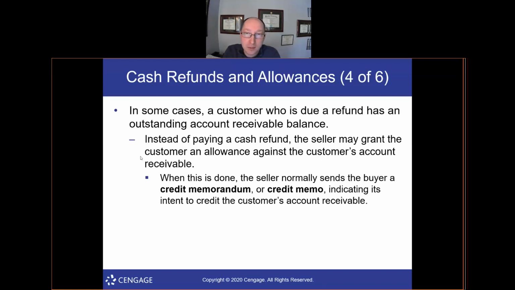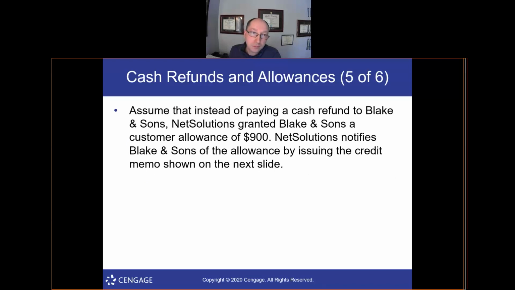In some cases, customers will be due a refund on an accounts receivable outstanding. So instead of giving them a cash refund, we simply reduce that amount in that customer's accounts receivable account by issuing a credit memo. Going back to our example, let's say our customer called us and said, we have $900 worth of defective stuff, but instead of sending that back to you, I'll do the repairs.